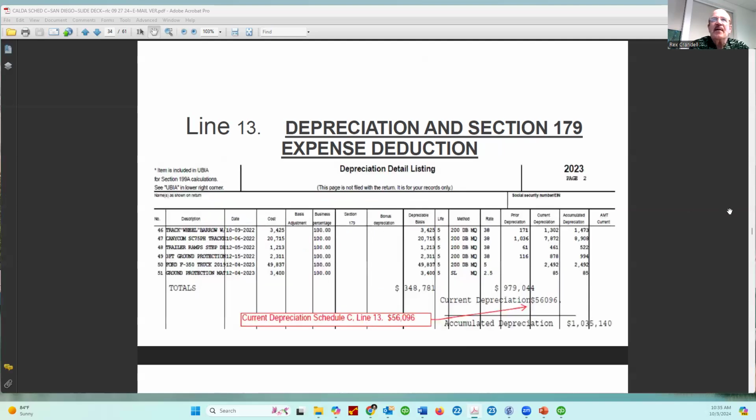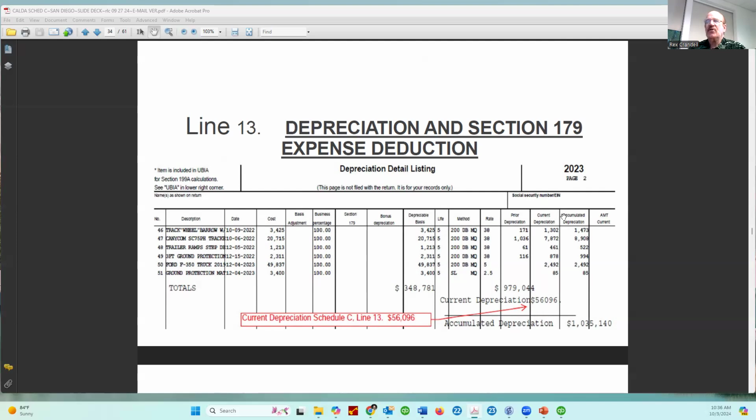Now, this is an example of a depreciation schedule. So we have, for example, all these costs. We have a tractor, a truck and tractor for diesel, and it costs 20,700, and we depreciated it last year, and now we're getting out of that 20,000, we're claiming 7,800 this year because it's written off over 5 years.